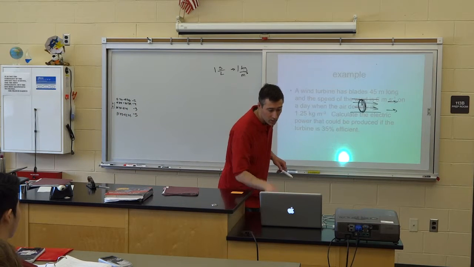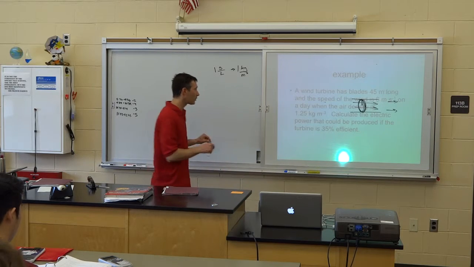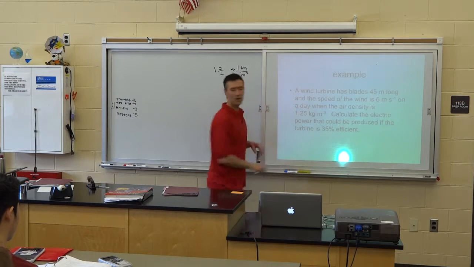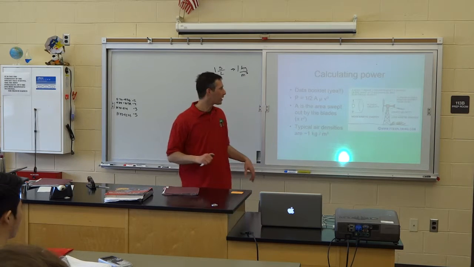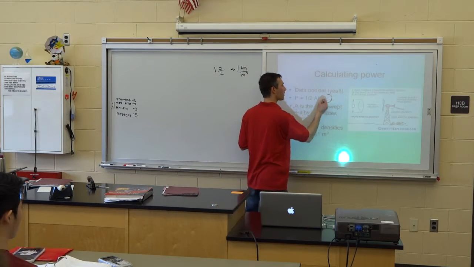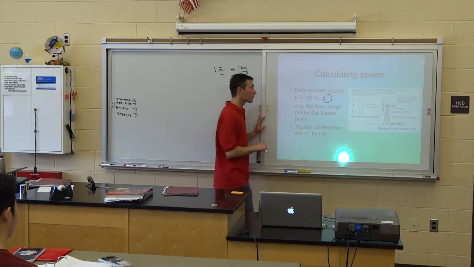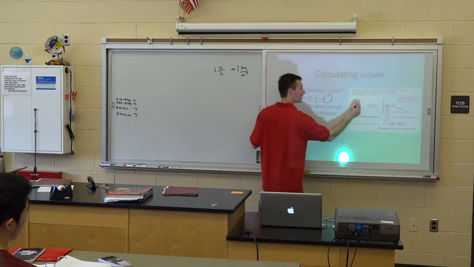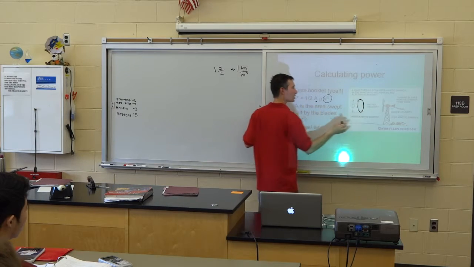I skipped something. So let's work with one example right now of attempting to utilize this equation. I'm ignoring the velocity cubed. We already saw why we're using the area of this circle.